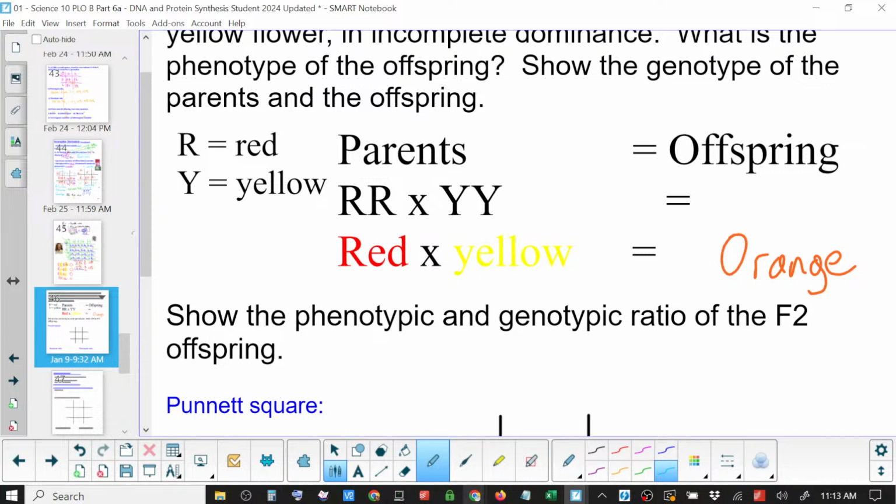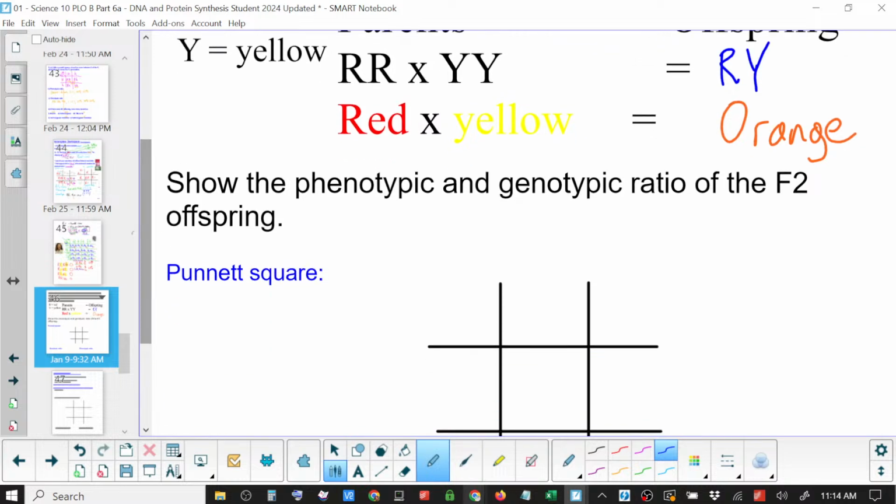What's the genotype of that offspring? RRYY. What do you get? RY. RY, excellent. This is then the F1. That was the parents.